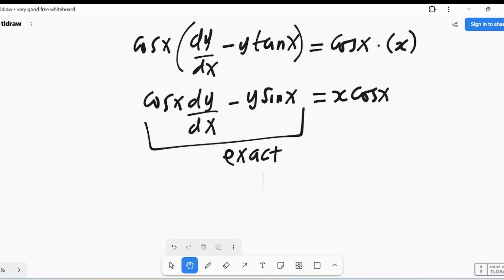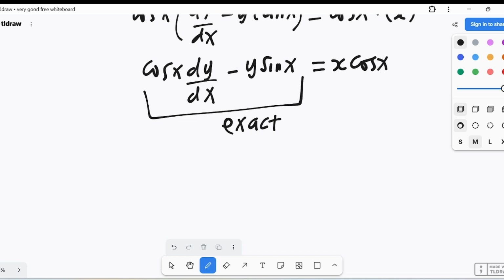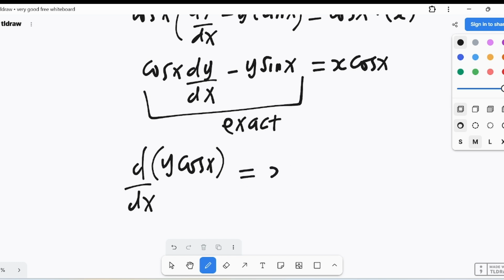So when we finish it, this one is the same as it came from the derivative of y cos x dx, which is equivalent to x cos x. So we integrate both sides.